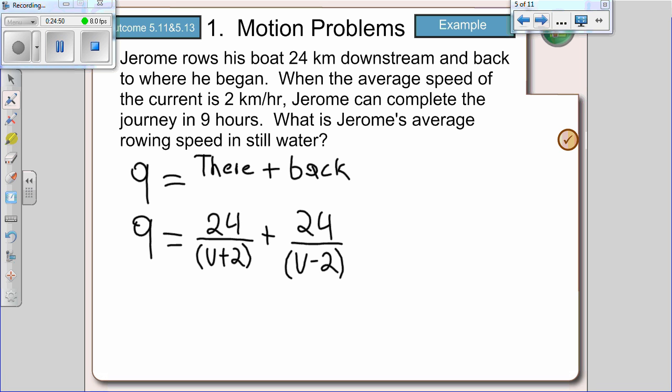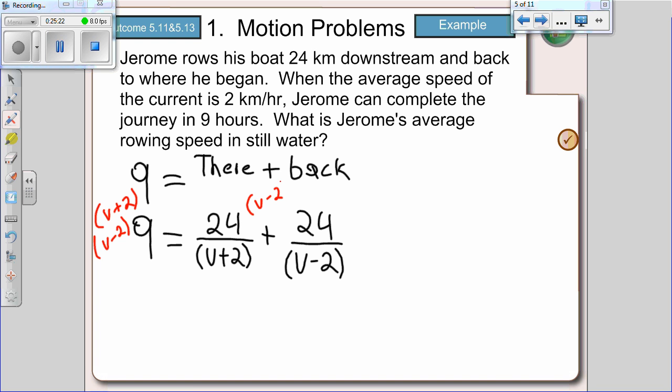The first thing needs to be multiplied by both. The middle thing needs to be multiplied by v minus 2. And the third thing needs to be multiplied by v plus 2. I'm going to write those in red, what it had to be multiplied by. V plus 2 and v minus 2. This one has to be multiplied by v minus 2. This one has to be multiplied by v plus 2. Your denominators will all cancel out.